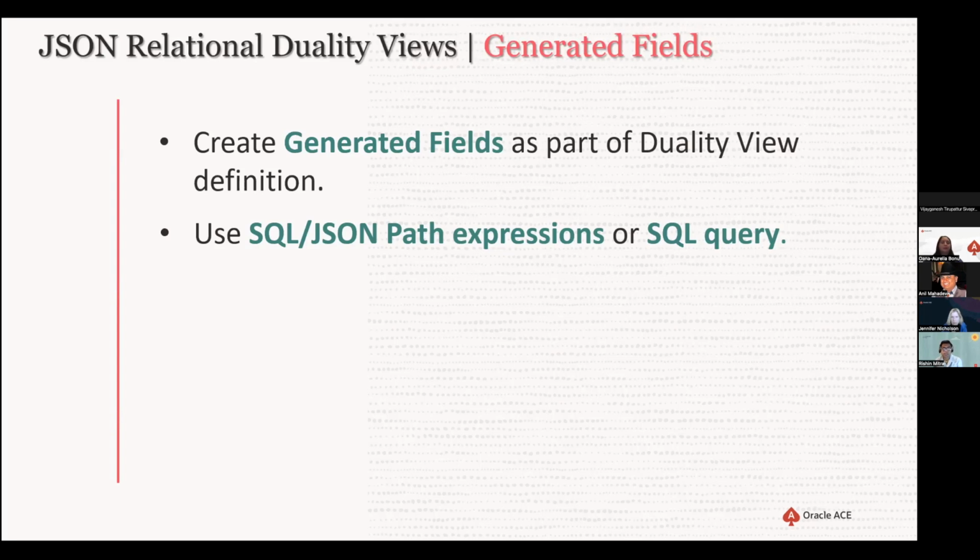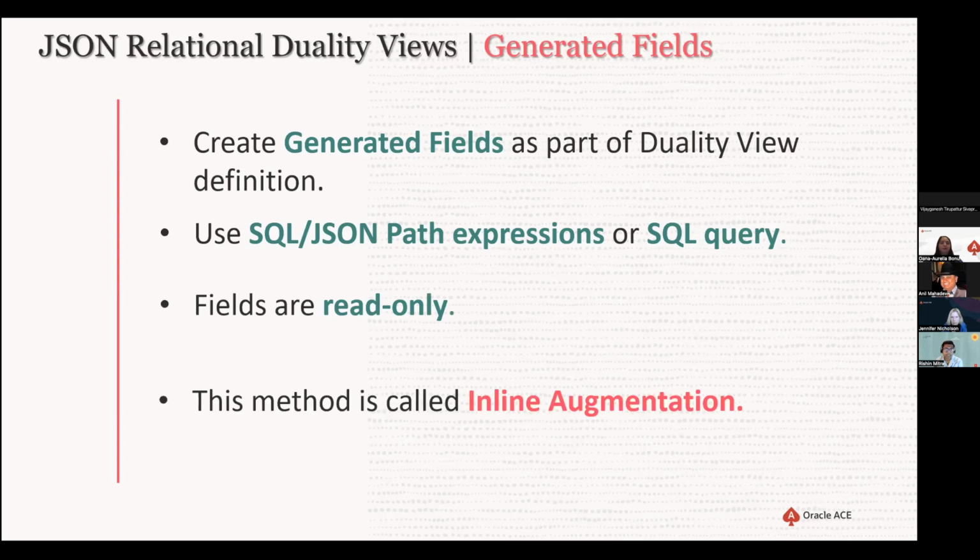By default, these are read-only columns, and this method of generating fields with the help of expressions or a query is called inline augmentation. So let's see with an example how that works.